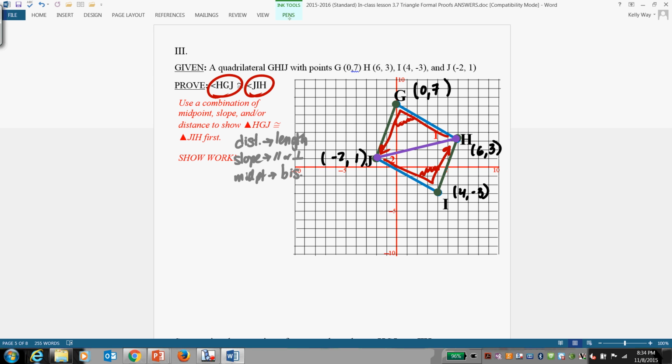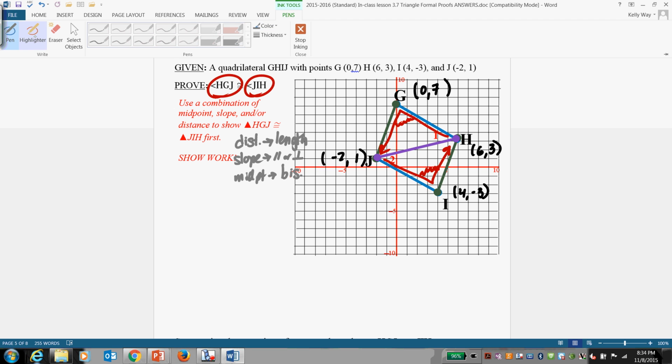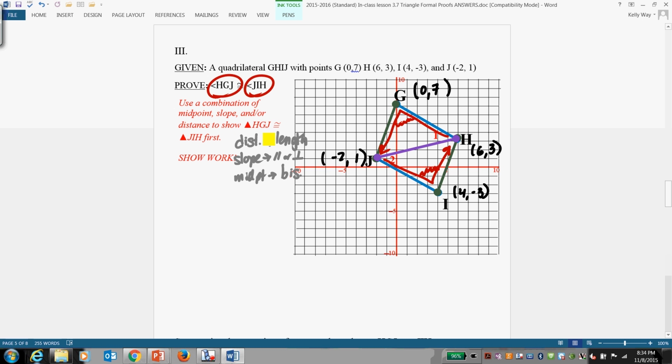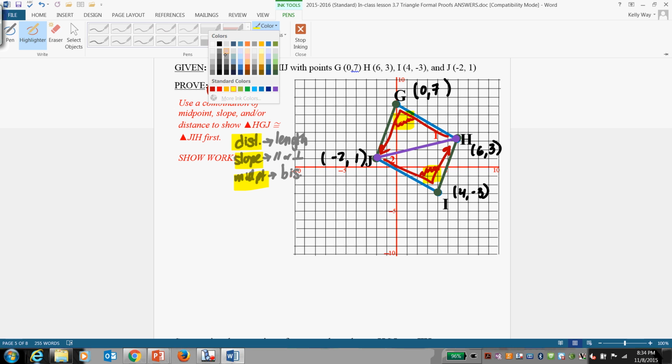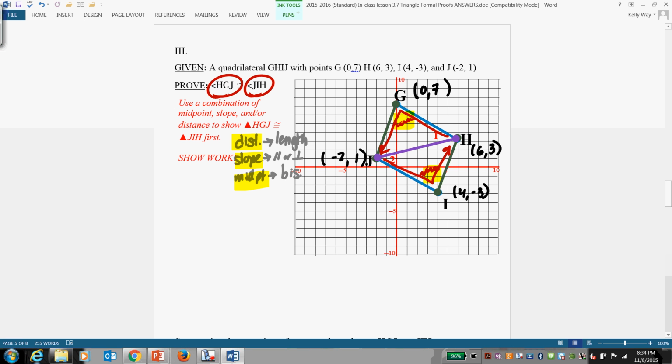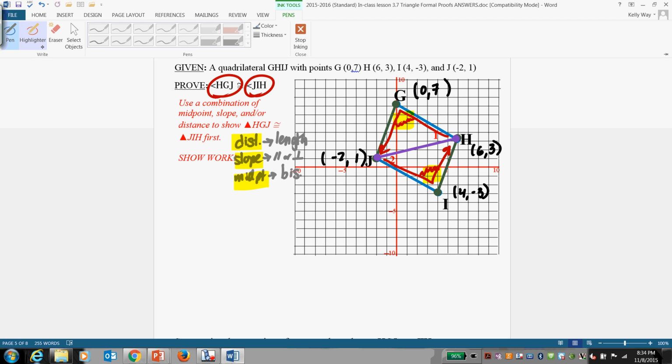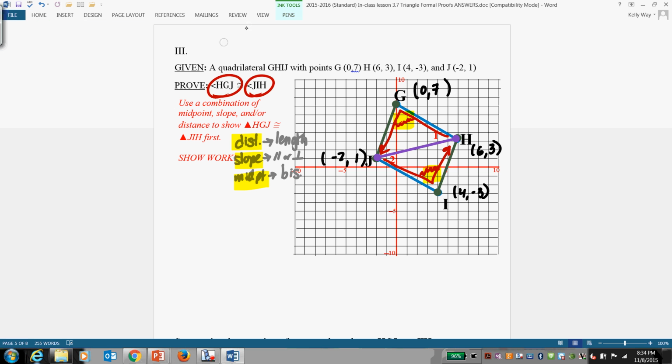Now, there is no direct way that any one of these 3 equations could show these angles congruent. No, there's no direct way. So we have to do it indirectly. And the way we're going to do it indirectly is we have to prove if the triangles are congruent, then the parts are congruent.